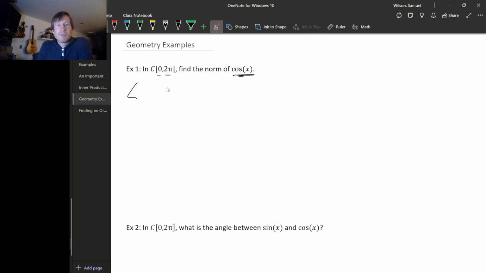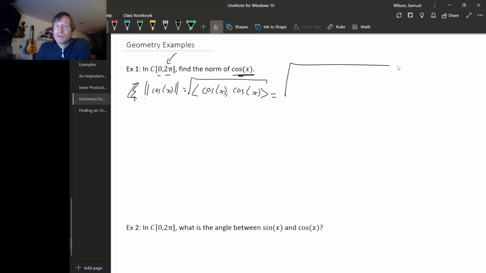Remember, the norm of a vector is the square root of the inner product of the vector with itself. And in this vector space, vector means continuous function.